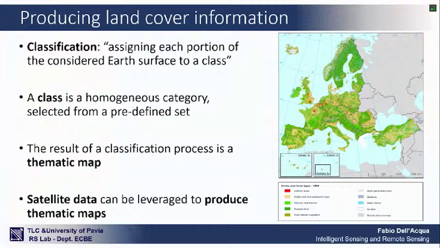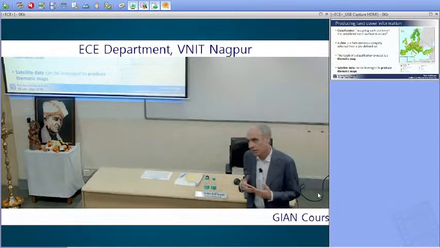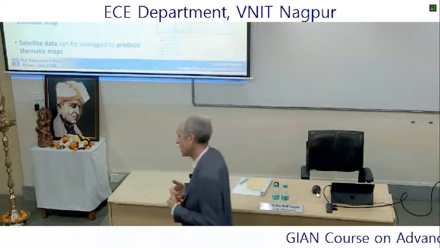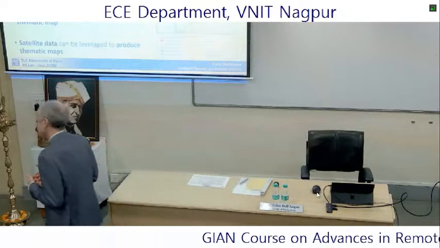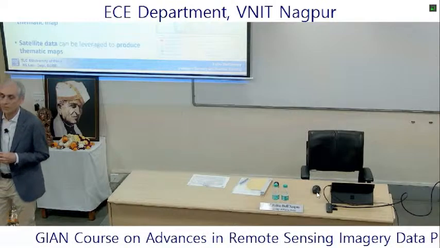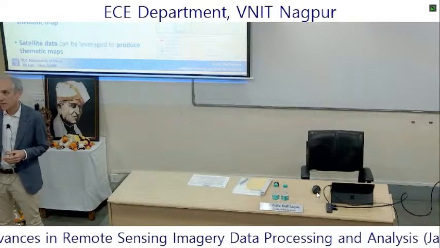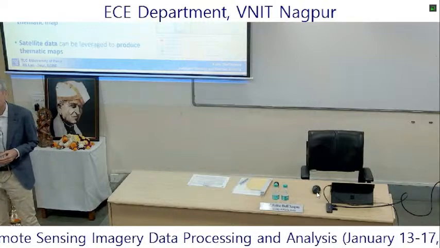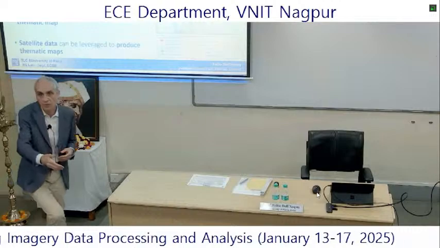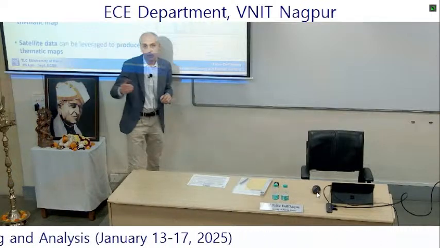Okay. Remember, I mentioned it multiple times that you should not consider remotely sensed data as images. They are not images. They are numbers. You can derive images from these numbers if you set up a certain procedure, and you get a visual representation of data.